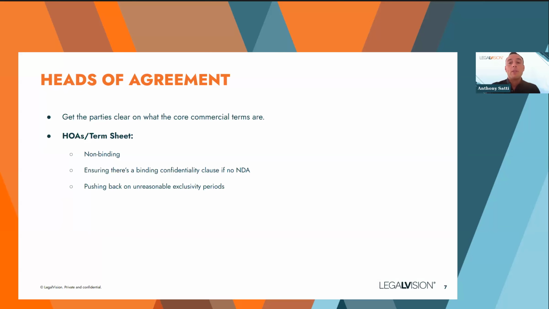This is really a document about the parties coming to an agreement on the key commercial terms for the deal: what the price is, what some key conditions will be, if there'll be security, things of that nature. It's really important from the perspective of at least getting people on the same page. Now, term sheets and heads of agreement are largely non-binding documents, other than for very specific types of provisions.